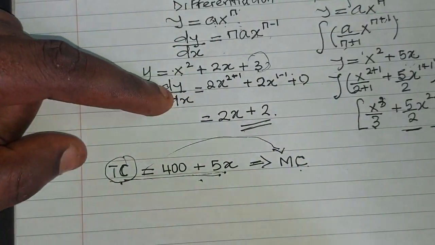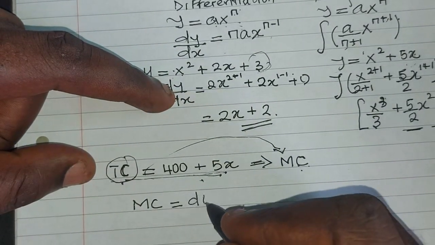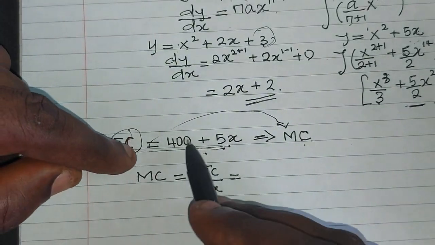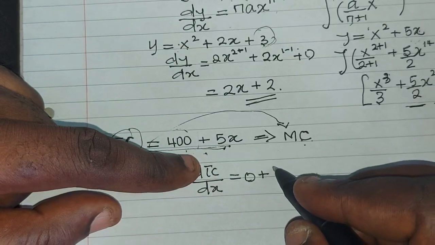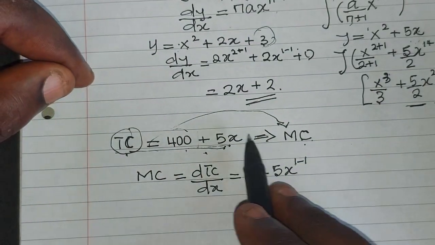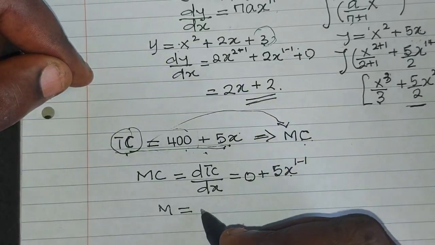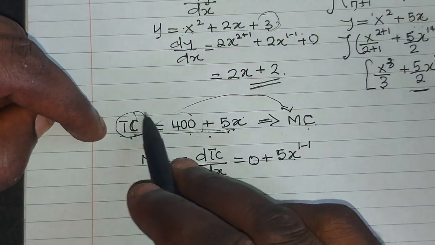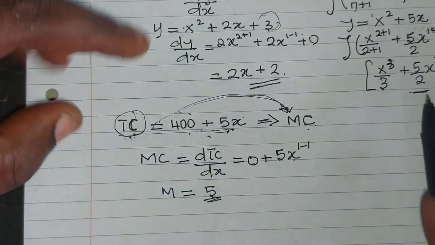How do you apply the calculus? You differentiate the total cost function. The differentiation of a constant is 0, plus 5 into x raised to power 1 minus 1, so the 1 multiplies the 5. Marginal cost will be equal to 5. So if you are given the total cost function and want to find the marginal cost, class, you differentiate. Take note of that.